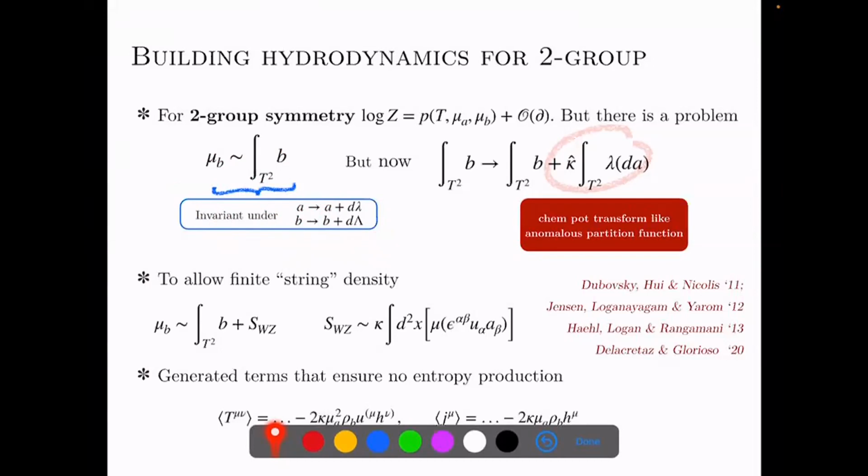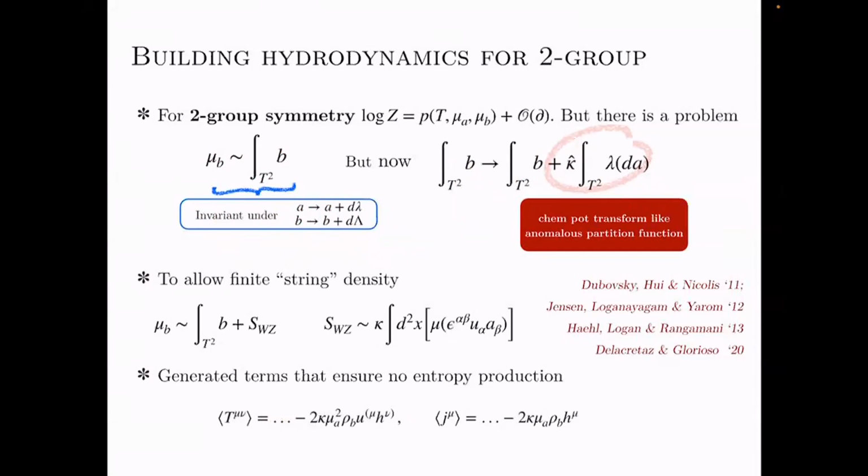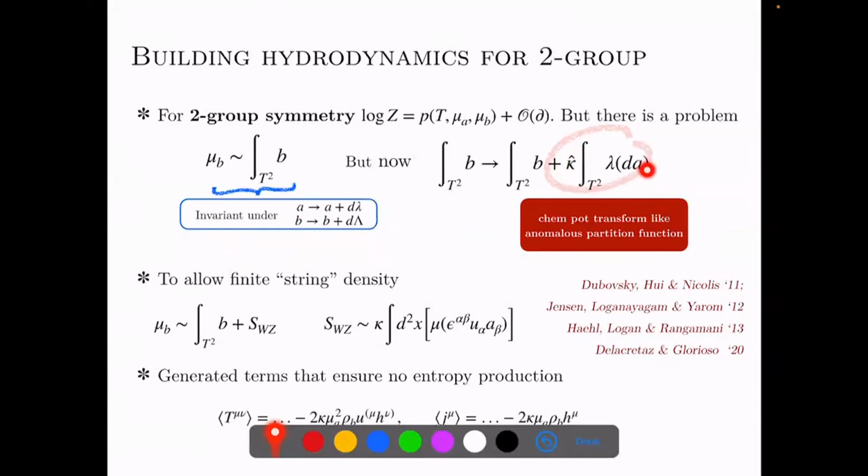But now, because the two-group transformation has an additional piece, it's not quite invariant anymore, right? So the thing that you think would be the chemical potential is now transformed like the anomalous transformation, where this last piece looks like the anomaly term, the phase ambiguity once you transform the partition function in the U1 with the U1 anomaly in 1+1D.